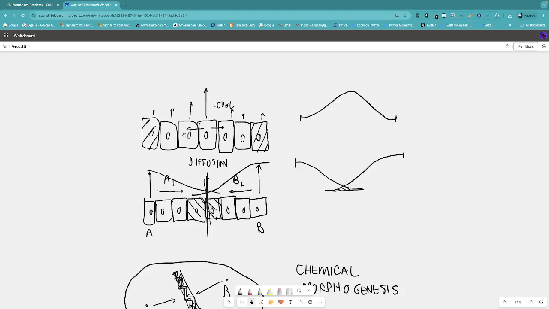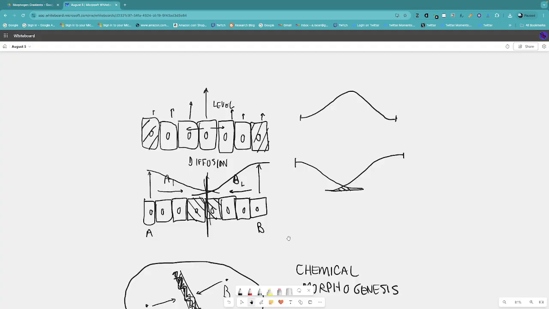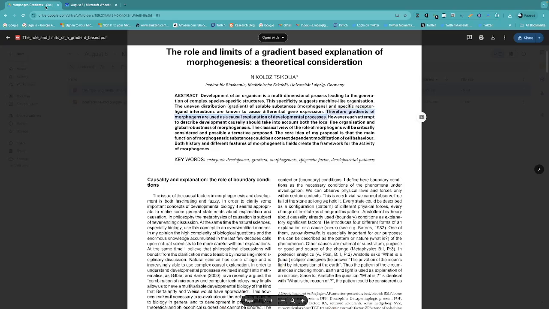So some gene is being targeted by this chemical signal. It's being upregulated, but it's being upregulated in a dosage-dependent manner. And so this is where you get this idea about differential gene expression. So that relationship is thought to be causal. And that's the assumption that he's talking about here.